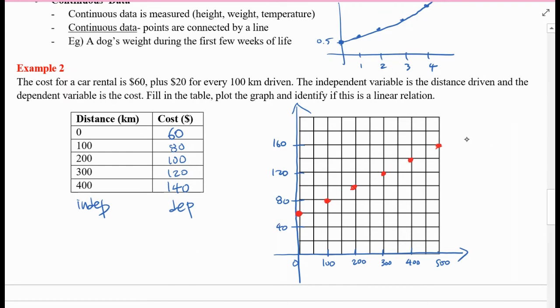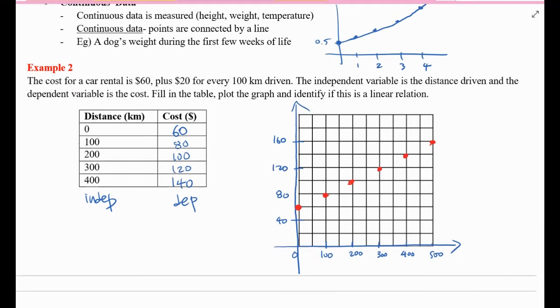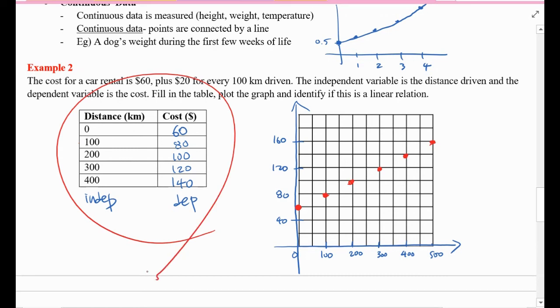But does it make sense to join the graph? So everyone, is this measurable data or countable data? Cost and distance. It's measurable data. So if it is a reasonable rental car company, they will charge you depending on the distance. So say you drive 50 kilometers, then they will charge you $70, right?